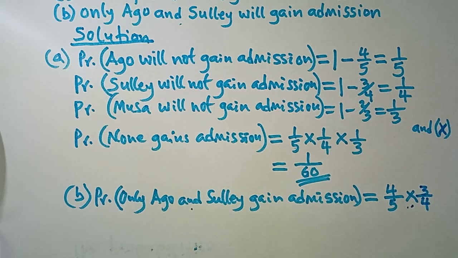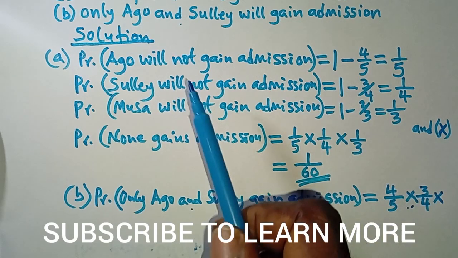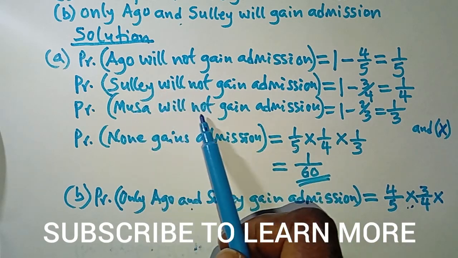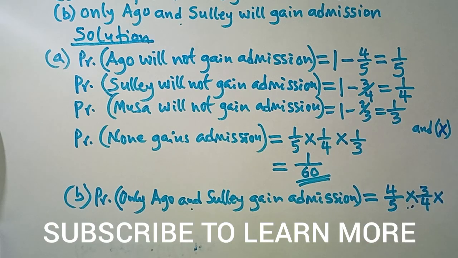And don't forget, only Ago and Sule gain admission. That means Musa, the third person, did not gain admission. So Ago and Sule is what we have represented here. Then and Musa will not gain admission. See it here. Musa will not. And that is 1/3.